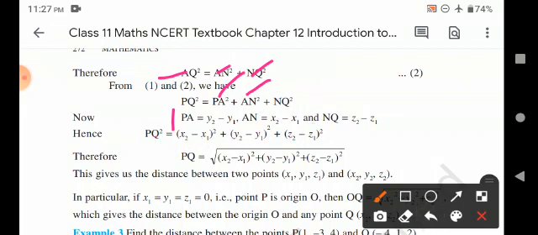Therefore, PQ is equal to square root of (x2 minus x1) the whole square plus (y2 minus y1) the whole square plus (z2 minus z1) the whole square. This gives the distance between the two line joining points (x1, y1, z1) and (x2, y2, z2).